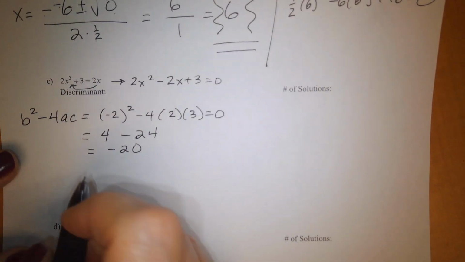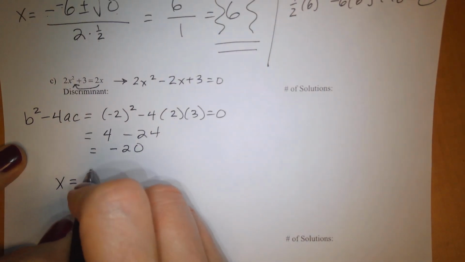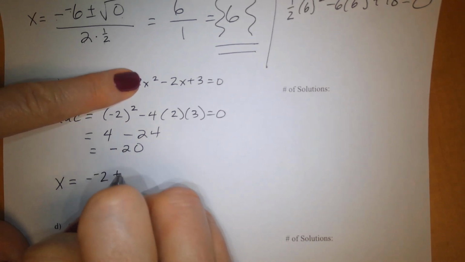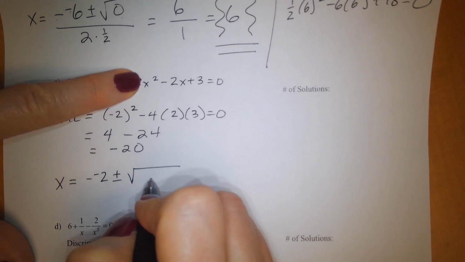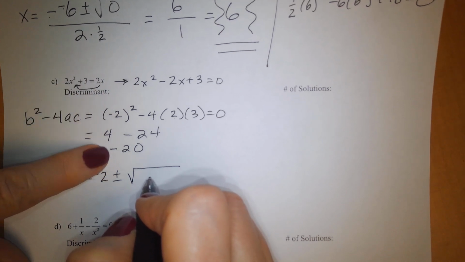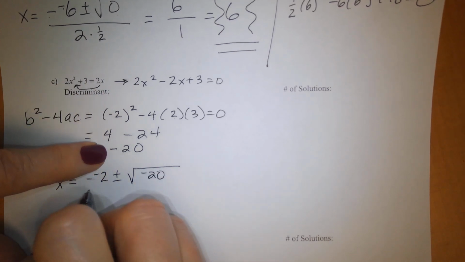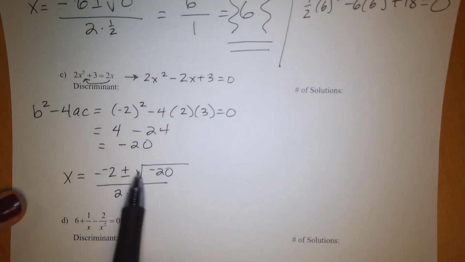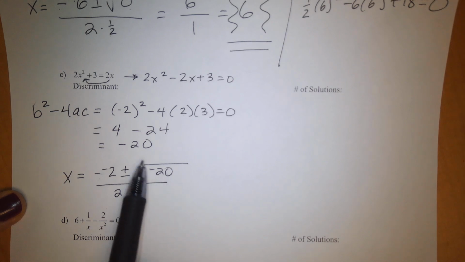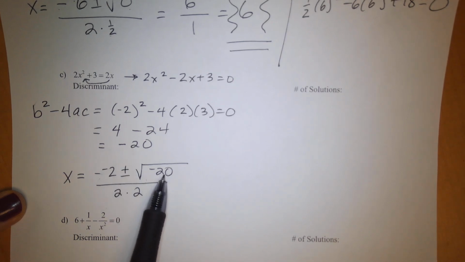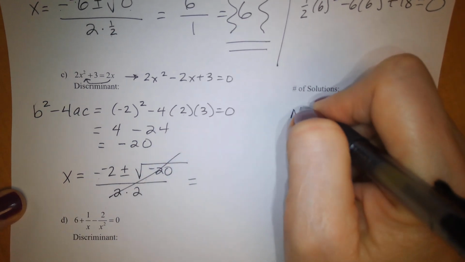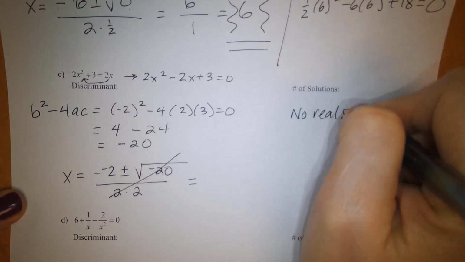So if I were to go ahead and do the quadratic formula, you would get x equals negative b plus or minus the square root of negative 20 over 2 times a. So you can see when I put this in my quadratic formula, you're going to get a negative discriminant underneath here. And you can't take the square root of a negative number. So this means there are no real solutions.